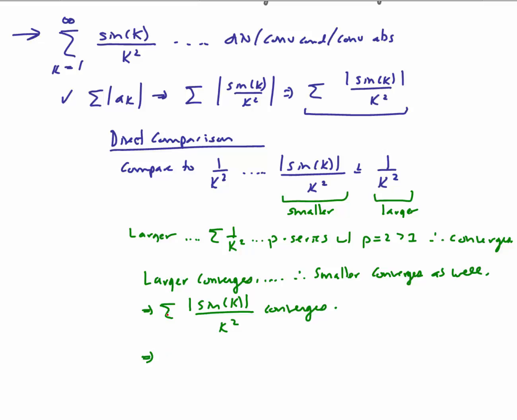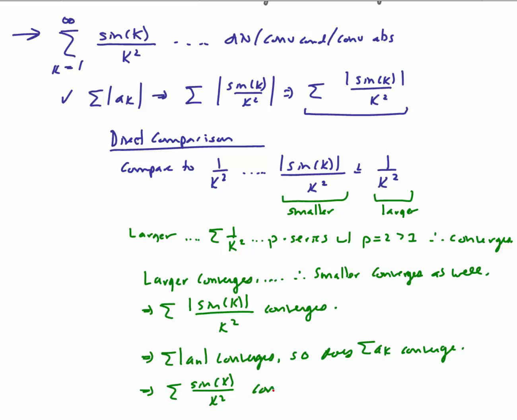So if the absolute value converges, so does the series itself converge. This also implies then that the series, and let's go ahead and rewrite what we have here. Oh, this was a -1 to the k. This is just a mixed sign. Sine k over k squared converges absolutely.